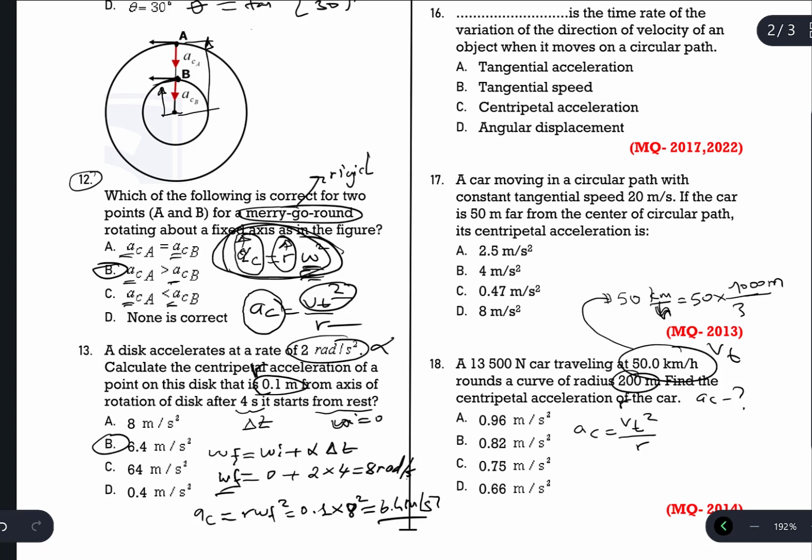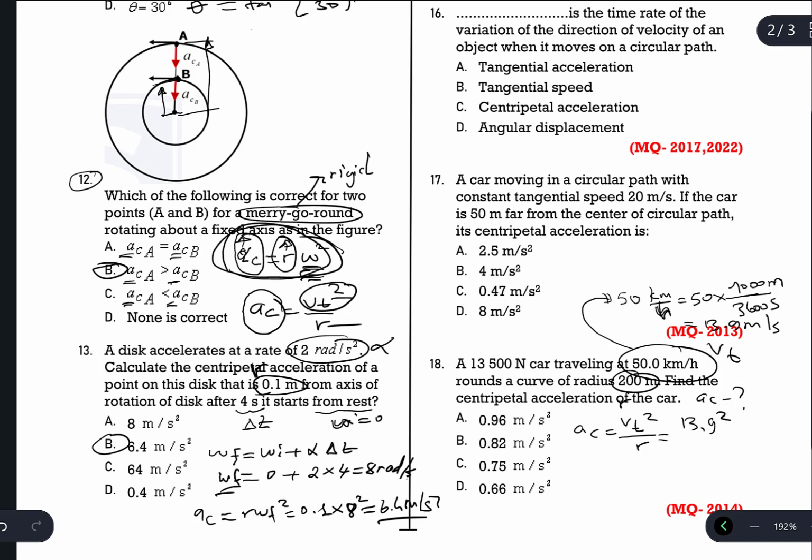Every 1 hour is 3600 seconds, you should write it in the denominator. After that, multiply them. 50 times 1000 divided by 3600, answer is 13.9 meter per second.